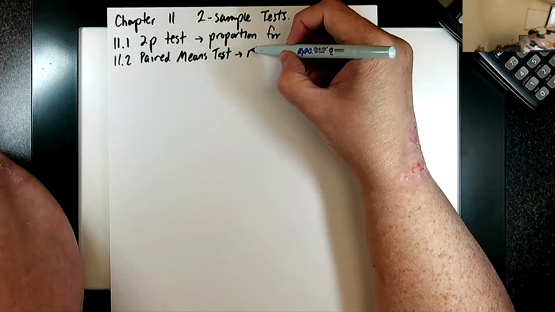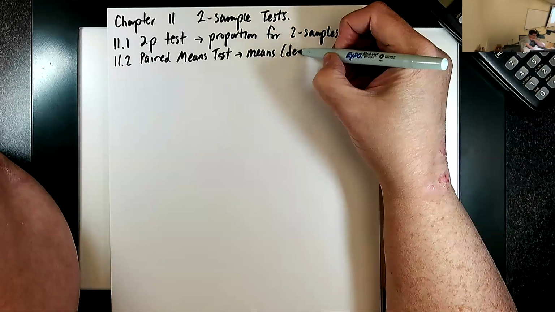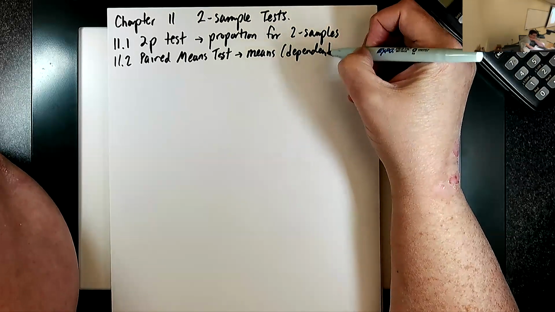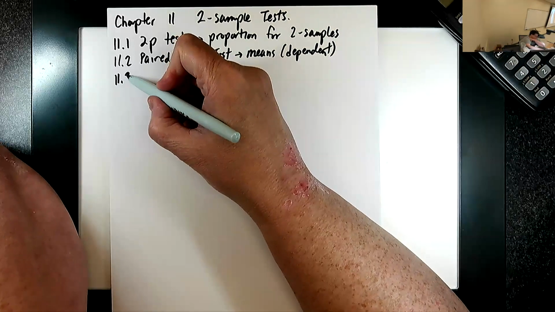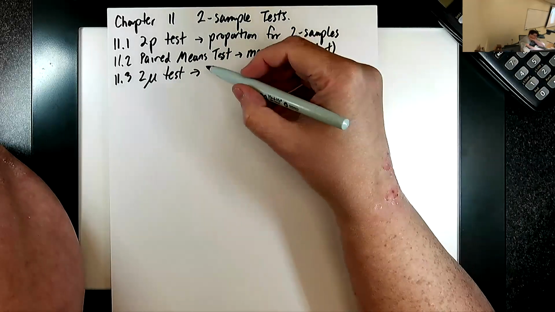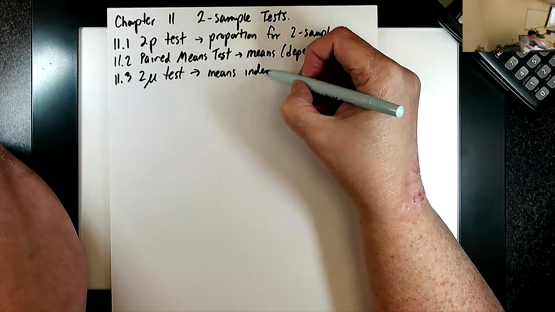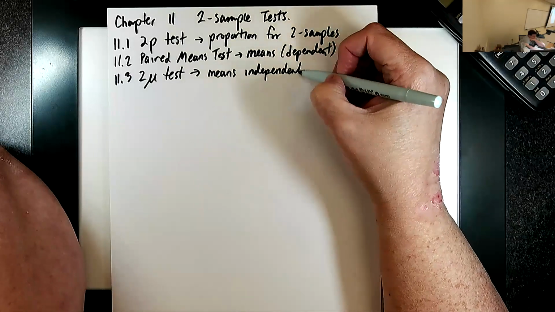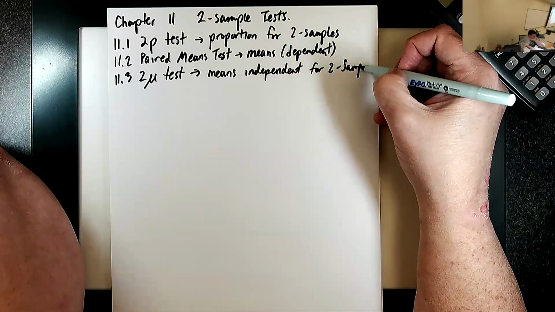So this is a means test, but they're dependent samples. We'll talk about that criteria in a second. And then 11.3 is a two means test where it's independent means. All of these are two samples.